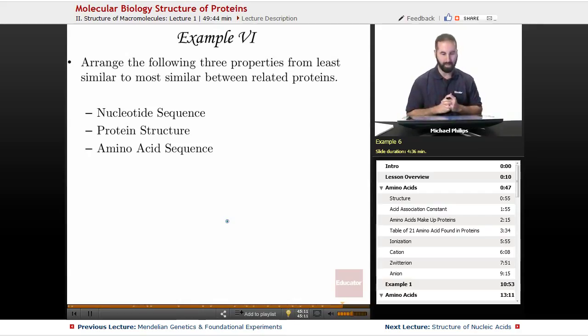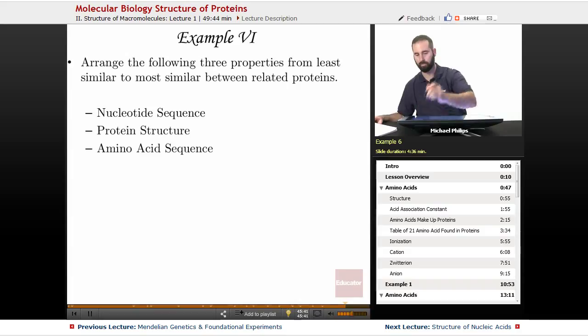So for our final slide, we're going to talk about just a quick example. I want you to arrange the following 3 properties from least similar to most similar between related proteins. So what I'm asking you is, between 2 proteins that are related, what is the most likely sequence that's going to be similar between any 2 proteins? Remember, we're looking at the 3D structure of a protein, right?